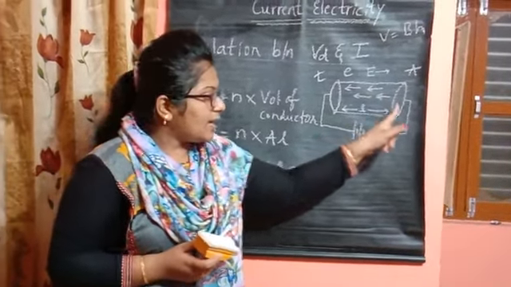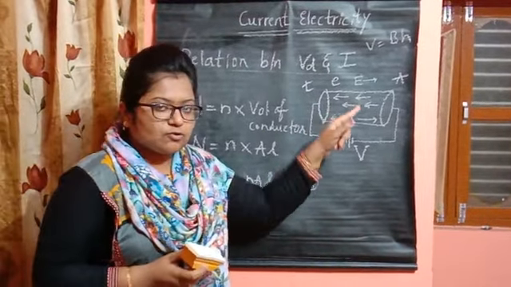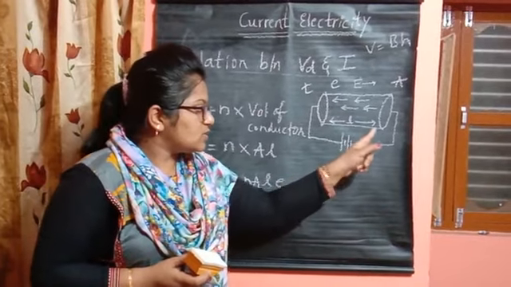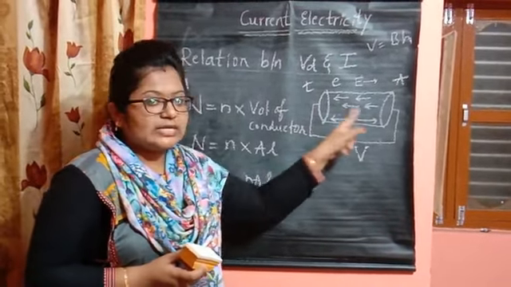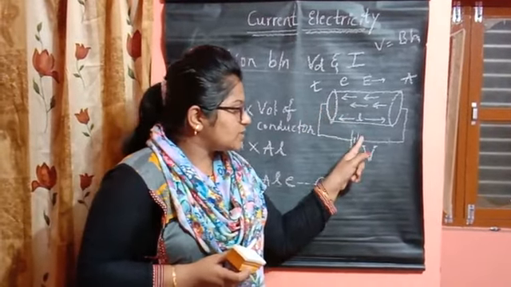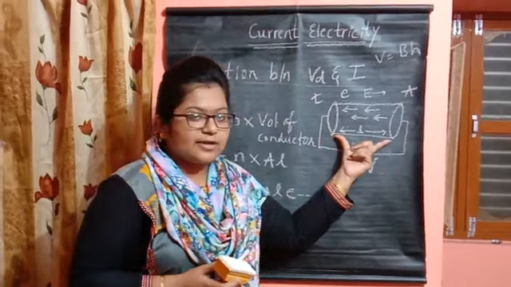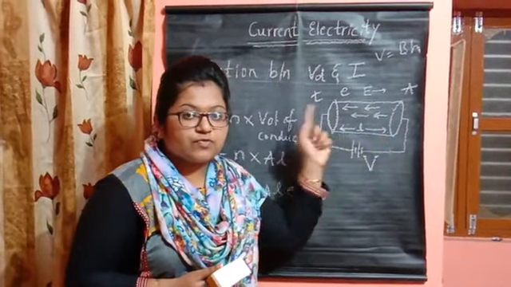Here electrons are moving from this point to this point. Any electron starts from here and ends its motion at this point. So this is nothing but the displacement. So the length of the conductor, L, can be the displacement of the electrons.